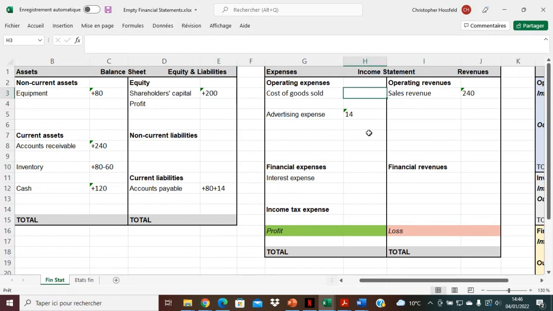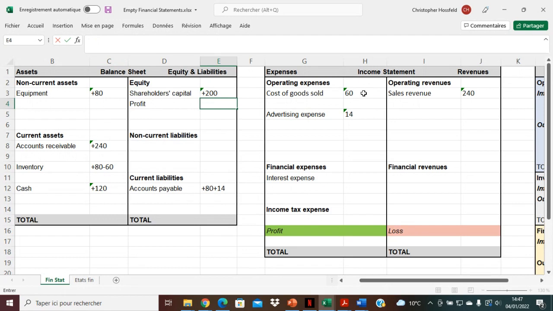So here I put as cost of goods sold or cost of sales or inventory expense or whatever you want to call it. Doesn't really matter. I put an expense of 60. Once again, putting an expense of 60 is the same thing as putting a profit of minus 60, because all expenses lower profit. So you see here, I have minus 60 in inventory, minus 60 in equity. Therefore, we are all balanced. Therefore, we are good. But I don't see the 60 immediately. I see them only at the very end.